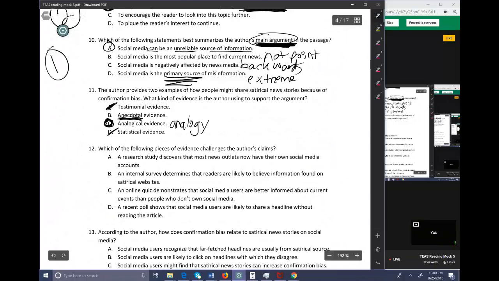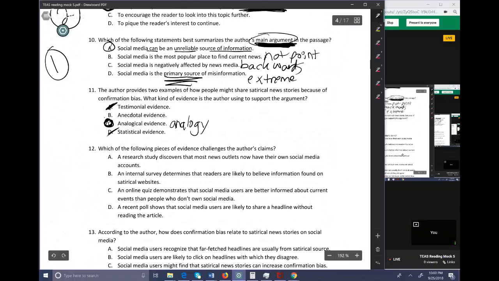If they had gone a little further with these, if they had created a person and said, oh, this person sees this, and then they do that, and they kind of created a little bit of a story behind this example, they might have actually been able to take it to the anecdotal level, but they didn't. So there's not a story behind either of those examples, much less both of them.